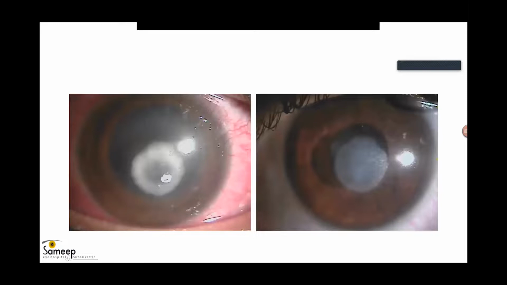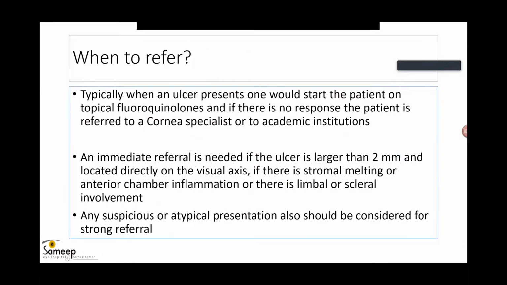If it is treated well with just monotherapy, you can have this kind of improvement, provided it is a bacterial ulcer that is responding to the management, and you can definitely have a nice small thin stromal scar following healing. The question is when to refer these cases. Typically, when an ulcer presents, one would start the patient on topical fluoroquinolones.